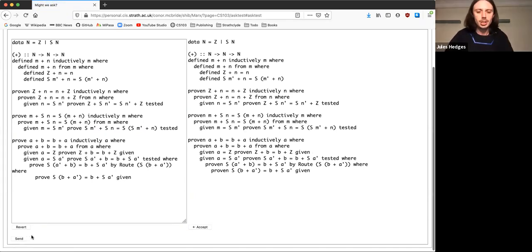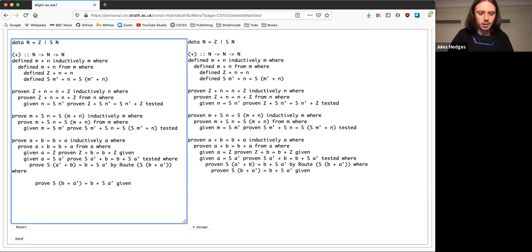Okay, so at this point, ask has accepted this proof, but I also want to talk about the invisible branch here, which contains a different subtlety. If you think about it, we are trying to prove this s a prime plus b equals b plus s a prime by root this thing.